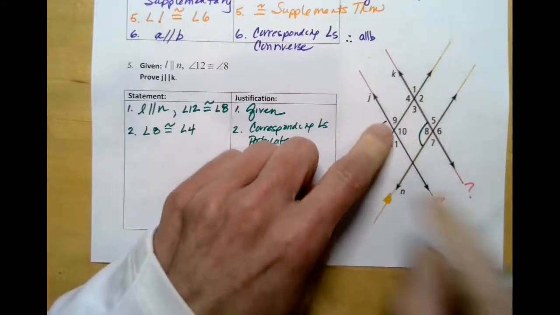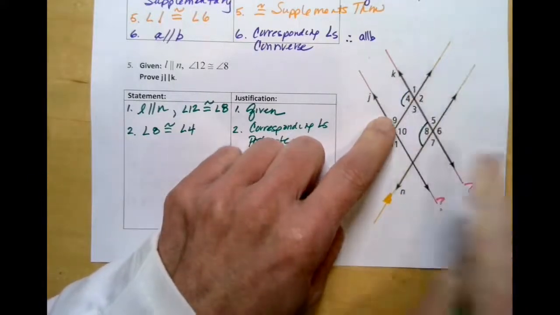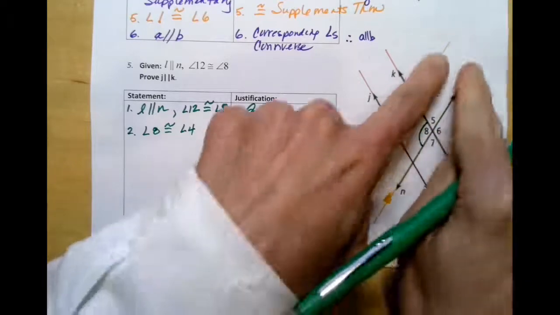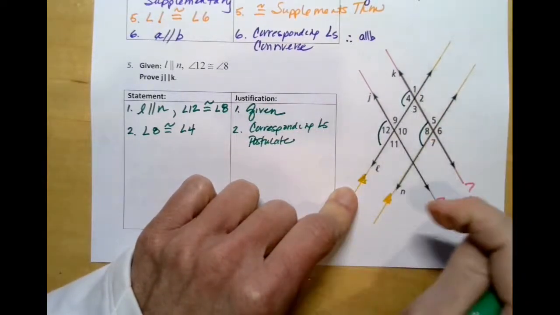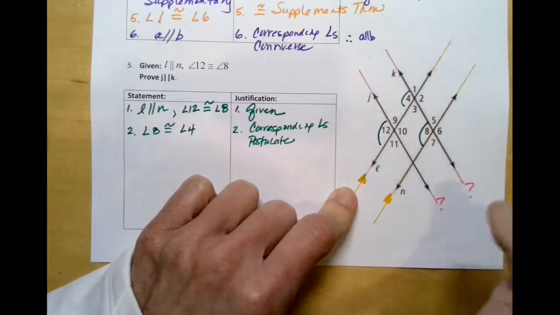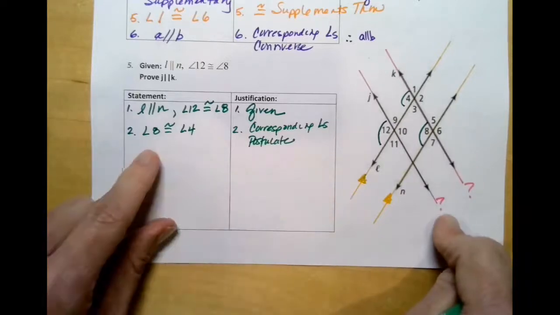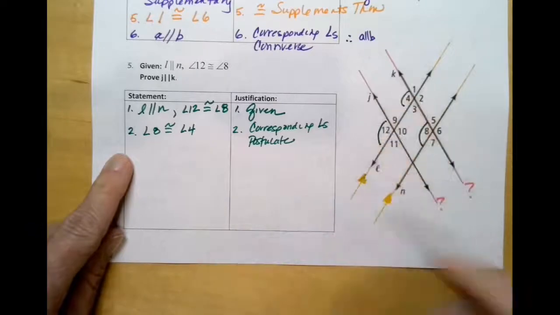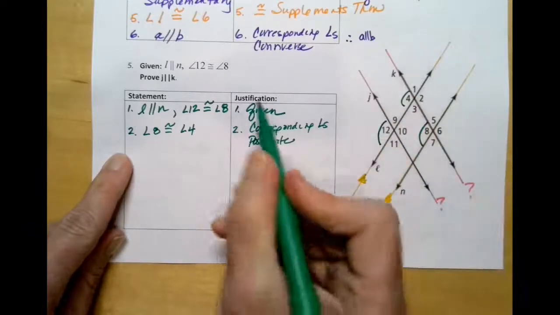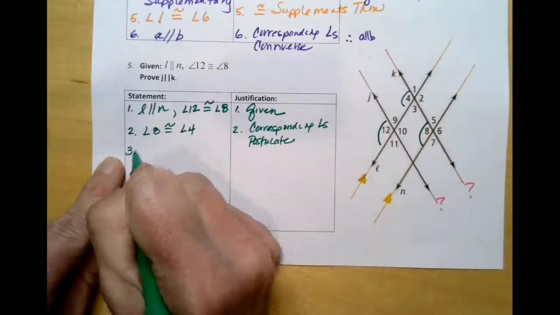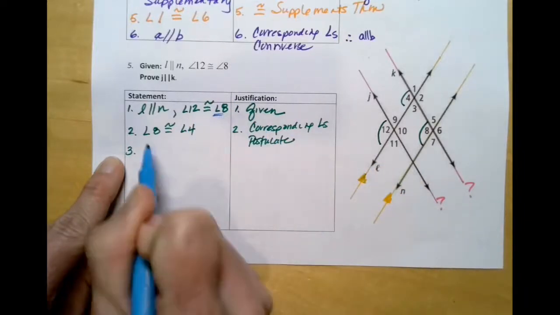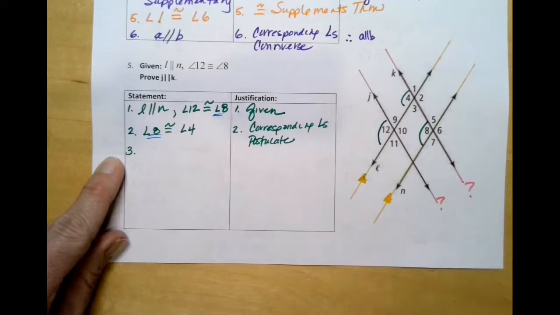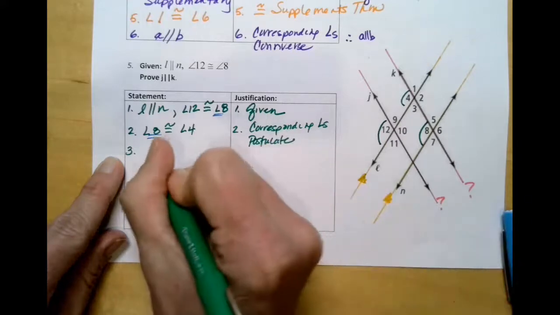If the lines are parallel, then these cool relationships exist between the angles. If the lines are parallel, then 8 and 4 are going to be congruent because they're corresponding angles. Alrighty. So are you seeing where we're going with this one? Do you see it? Because if I have 12 congruent to 8 and 8 congruent to 4, what do you want to say next?